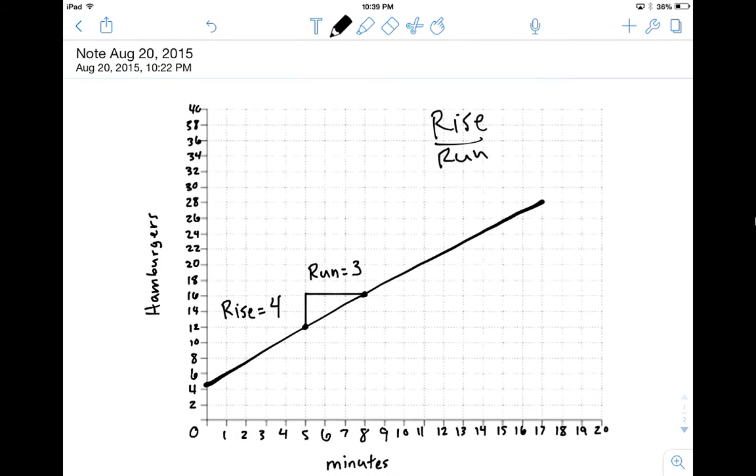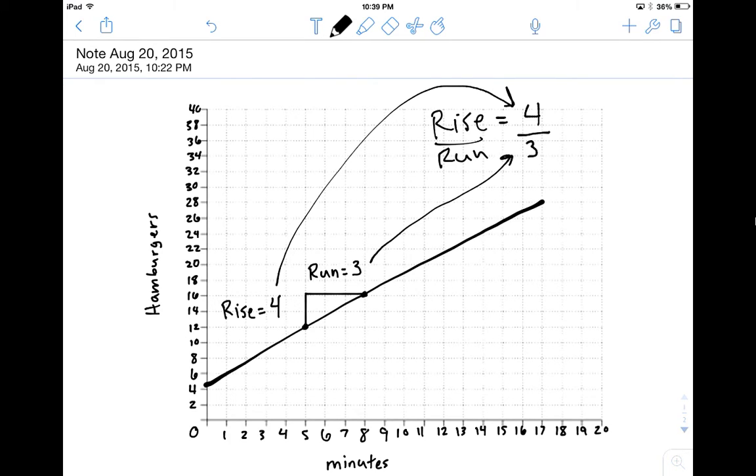Now up here, I'm going to plug in rise over run. My rise, I said, was 4, so I'll put my 4 in there, divided by my run, which is 3. So the answer here, I can even calculate this.